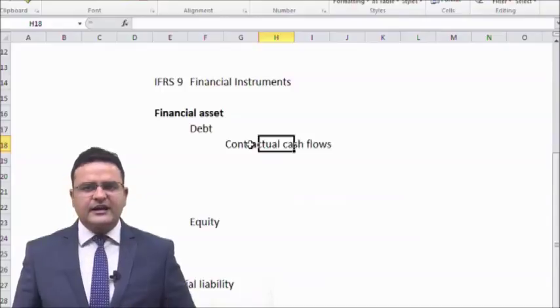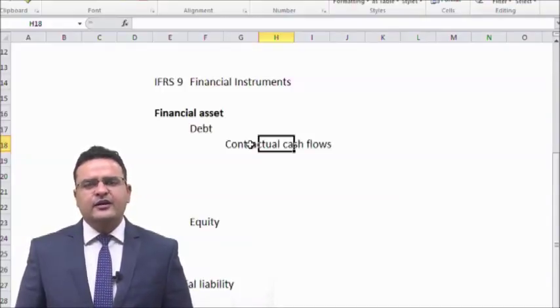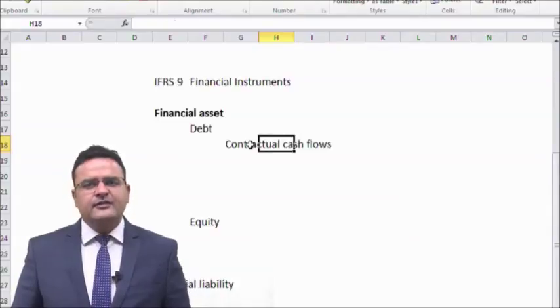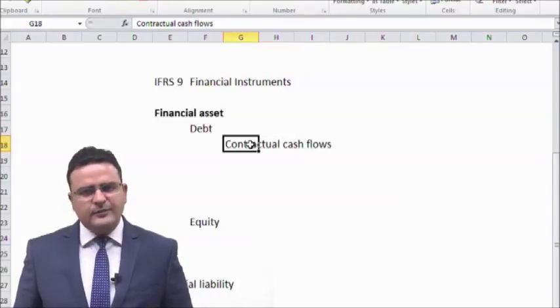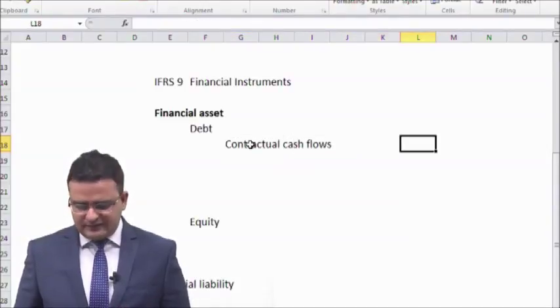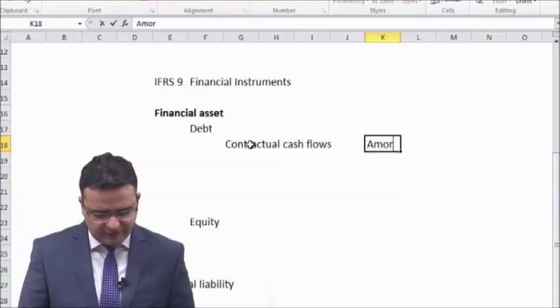It is only payments of principal and interest and not exposure to any market risk. We can predict the cash flows being received, so we will be measuring it at amortized cost.